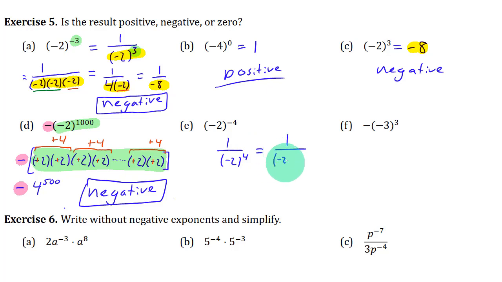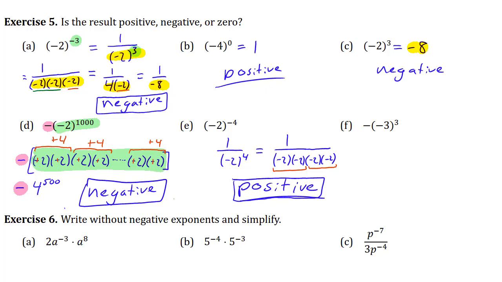So negative 2 times negative 2 is one pair that makes a positive number, and then another negative 2 times negative 2 is another pair. So those are going to give you a positive number at the end.